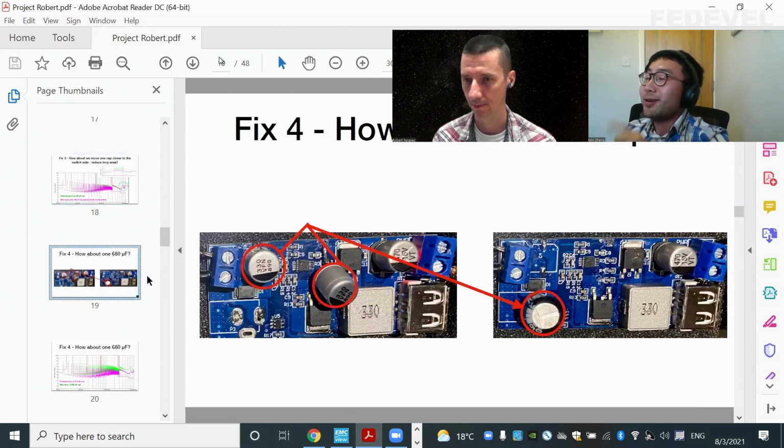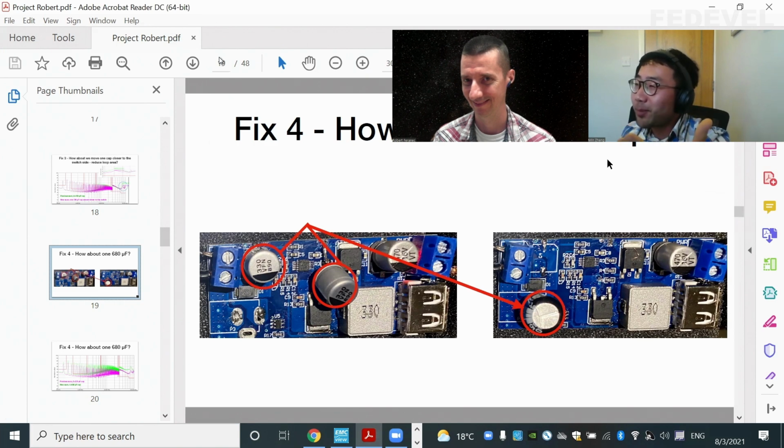Now, your question, how about one 680 microfarad capacitor? So let's have a look. In this case, I removed the two 330 microfarad capacitors, and I put a 680 microfarad capacitor. If you think about it, two 330 in parallel gives you 660, and now I have 680.